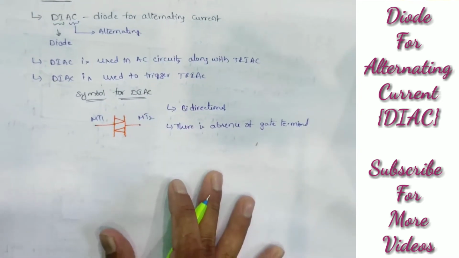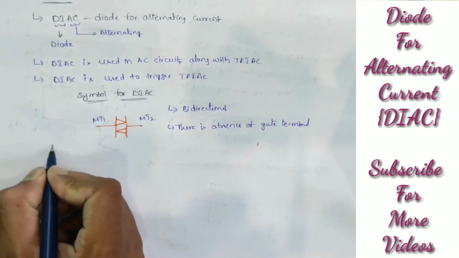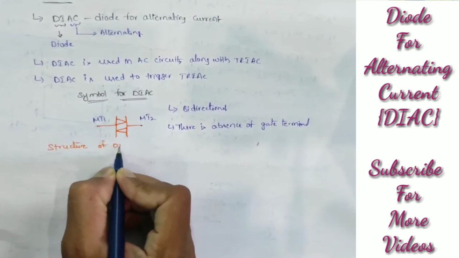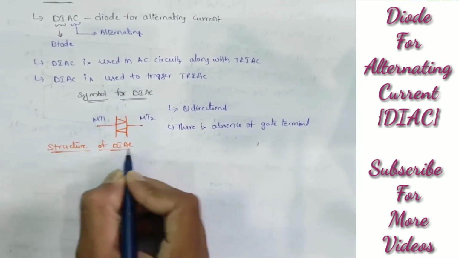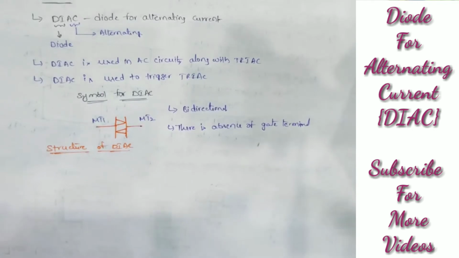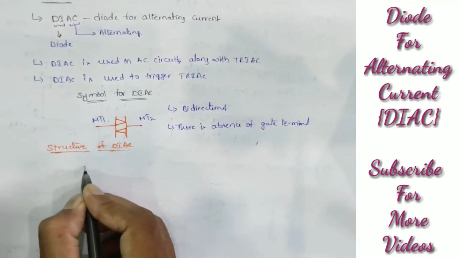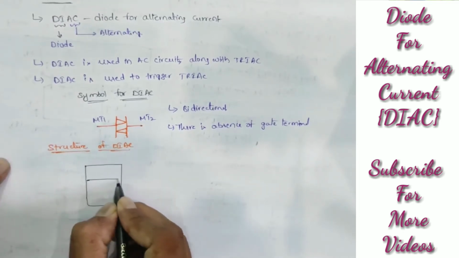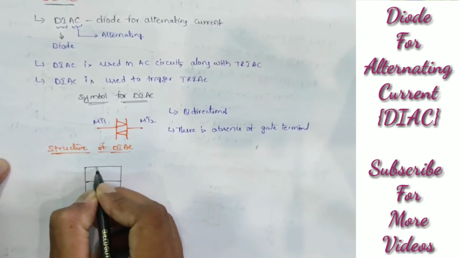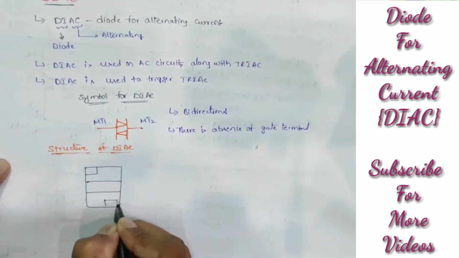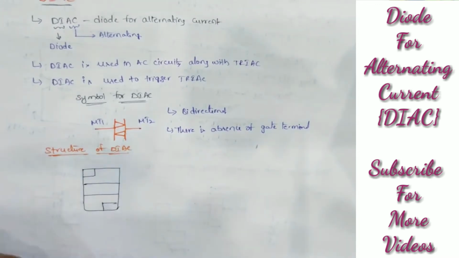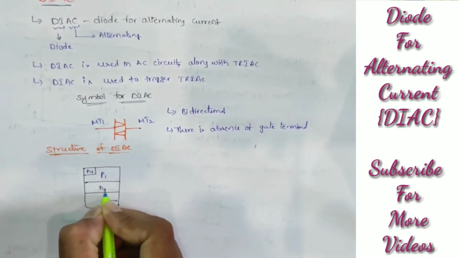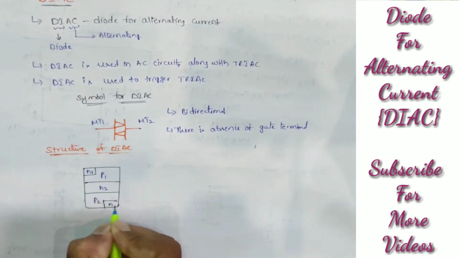Let us see the structure of the diac. Here we are having the layers N1, P1, N2, P2 and N3.